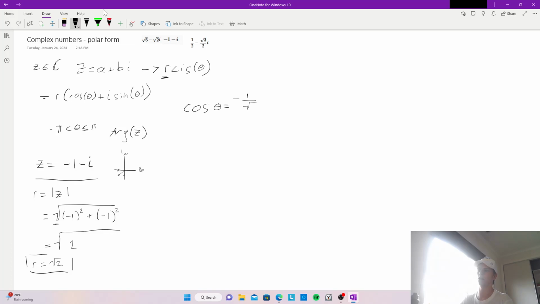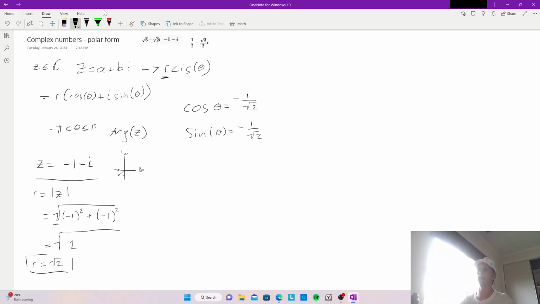Pretty much the normal trigonometry, adjacent over hypotenuse. So you'll get negative 1 over square root 2, and sine theta is equal to the same thing, negative 1 over square root 2.